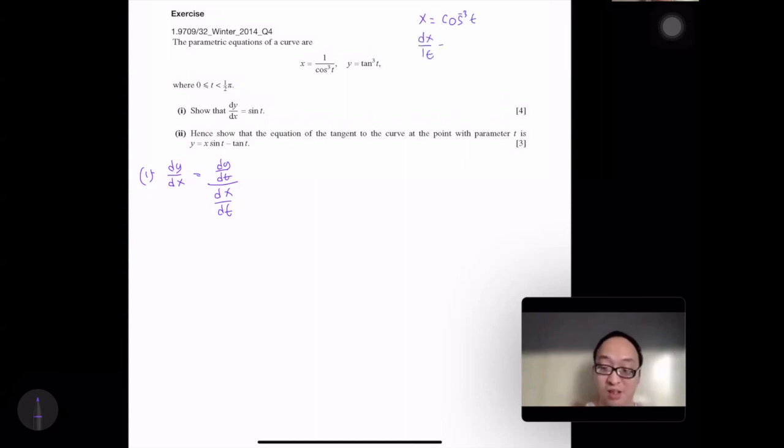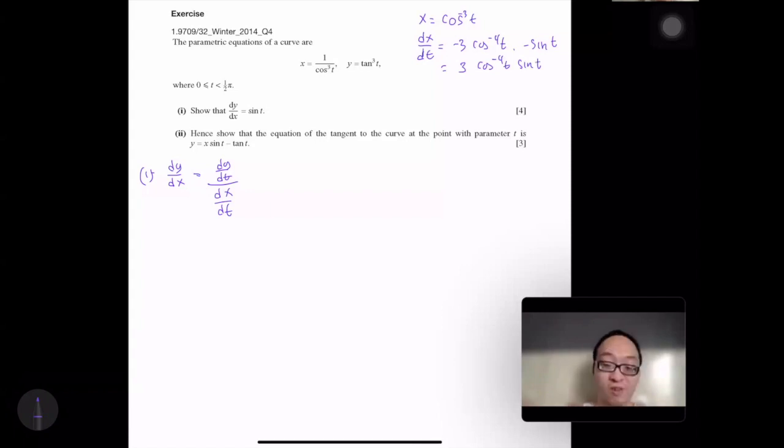dx/dt is negative 3 cos negative 4t times the derivative of cos, which is negative sin t, equals 3 cos negative 4t sin t.